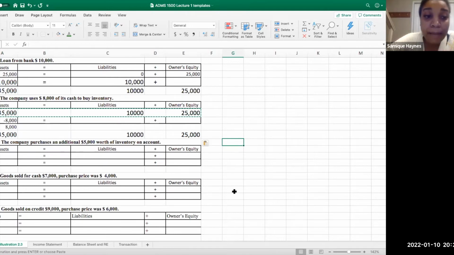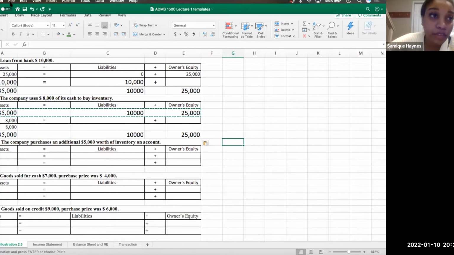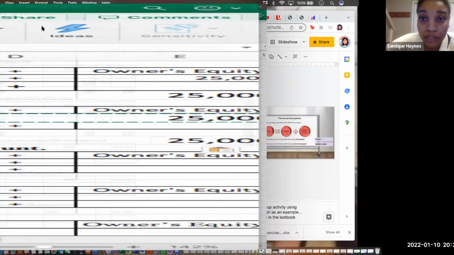Number 4 says the company purchases an additional $5,000 worth of inventory on, somebody says, Will, I'm going to stop because somebody asked a question, I love questions. Will owner's equity not increase? Can you tell me why you think owner's equity should increase? Inventory. All right, let's go back over here.